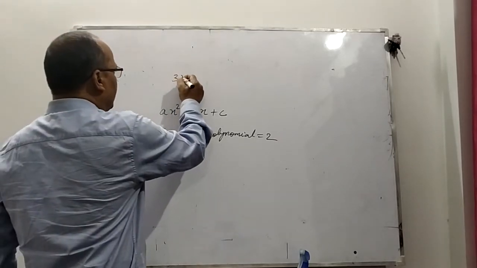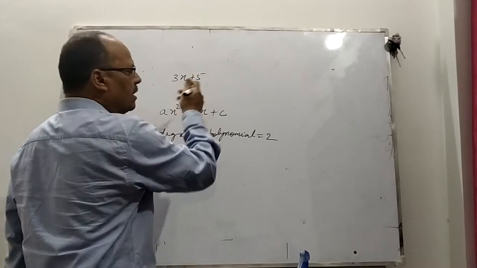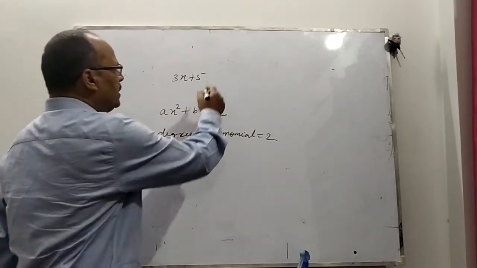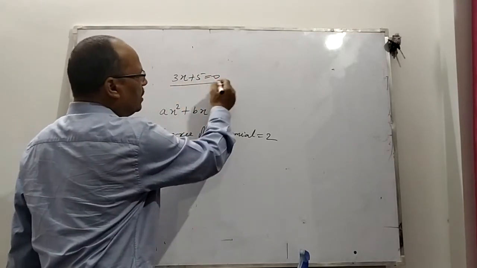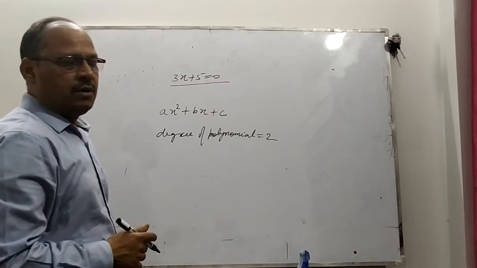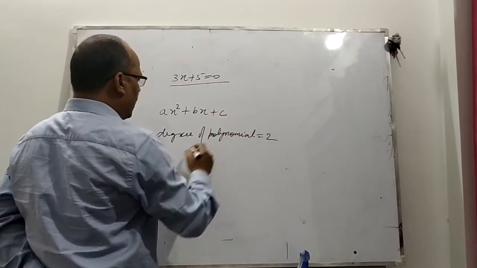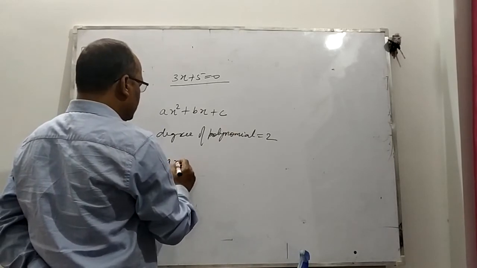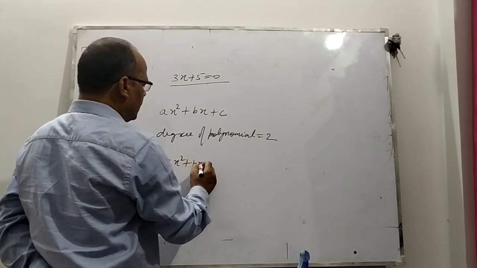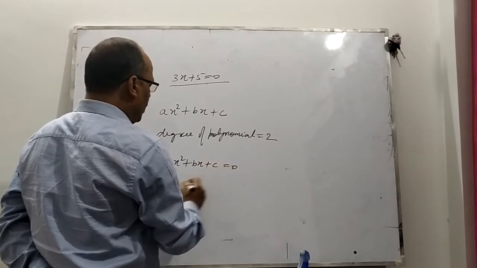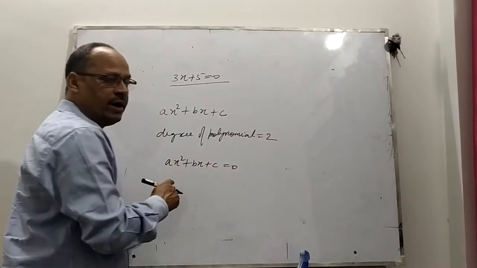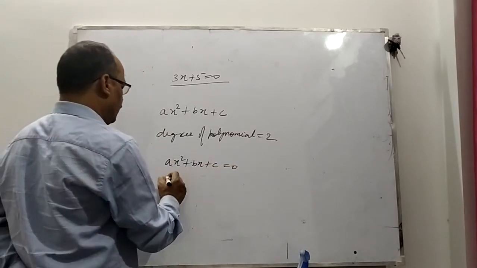Suppose 3x plus 5, this is the polynomial. If it is equal to 0, then it becomes the equation. Now you will see this: the quadratic polynomial ax square plus bx plus c equal to 0 is known as the quadratic equation.